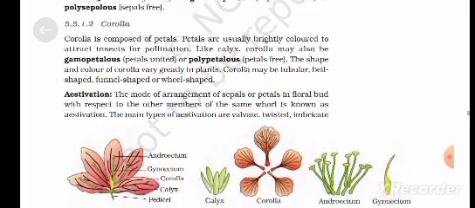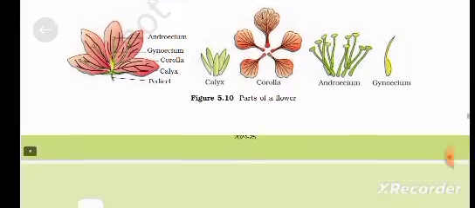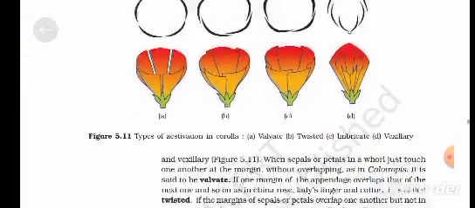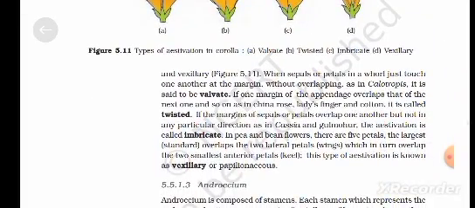Aestivation. The mode of arrangement of sepals or petals in a floral bud with respect to the other members of the same whorl is known as aestivation. The main types of aestivation are valvate, twisted, imbricate, and vexillary. When sepals or petals in a whorl just touch one another at the margin without overlapping, as in calotropis, it is said to be valvate.